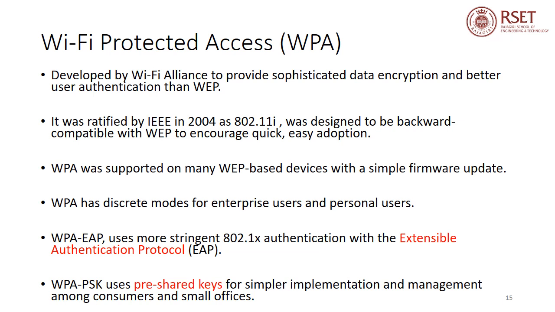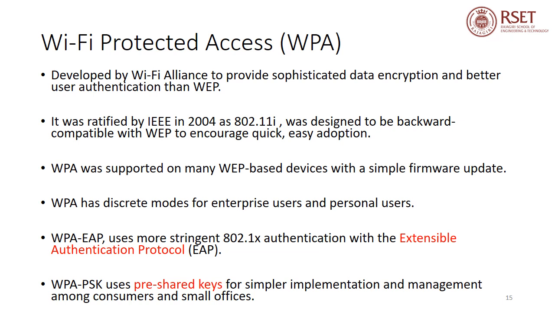The two main modes of working of the WPA protocol were the enterprise user mode and the personal user mode. That is, we could use this security architecture in enterprise networks as well as in personal wireless networks. When used in enterprise networks, it was called WPA EAP, and it provided Extensible Authentication Protocol techniques.